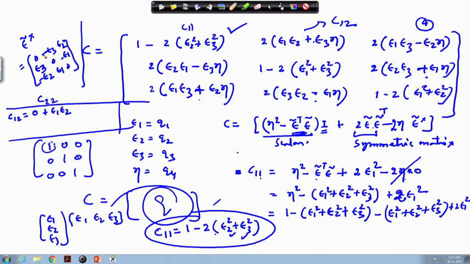So, we have minus 2 eta and then this epsilon cross. In the epsilon cross, the second term comes with a minus sign, minus epsilon 3. So, this comes with minus epsilon 3.